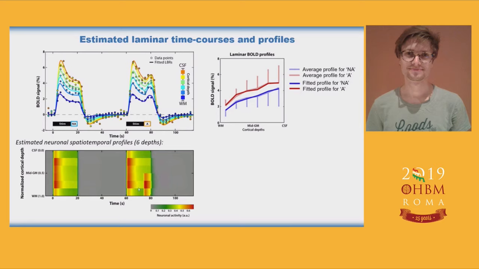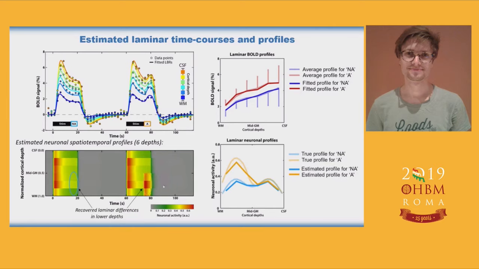So if we focus here, and here more in the detail, we can actually recover the original difference in the amplitude of neuronal response during action and non-action responses, which means that we can actually deconvolve the effect of the ascending vein that is present in both our data.